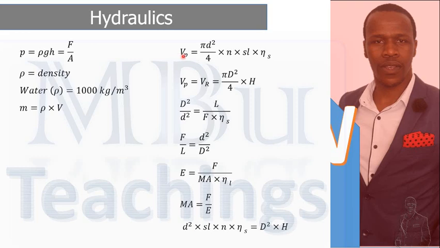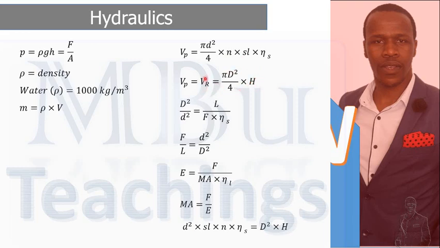This Vp is actually the volume on the side of the plunger. So the volume on the side of the plunger will equal the small letter diameter squared times pi over 4 times the stroke length times n times the efficiency if it is given. If it's not given, you can leave it. Even the n, if it's not given, you can leave it. It will look just like this.